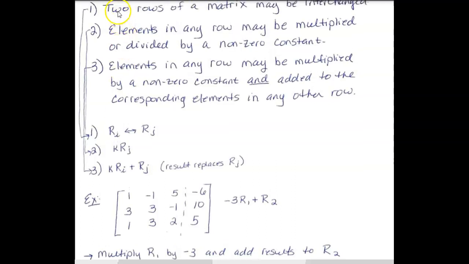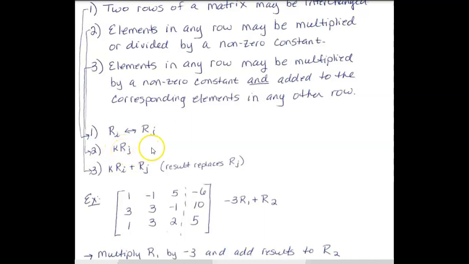If you're indicating that you're going to take two rows of a matrix and interchange them, the notation would be Ri switch with row Rj, so like R1 switch with R2 means flip them around. Multiplying a row by a constant, you just put that constant times whatever row you want to multiply by.